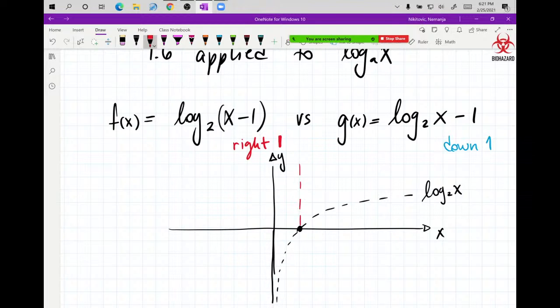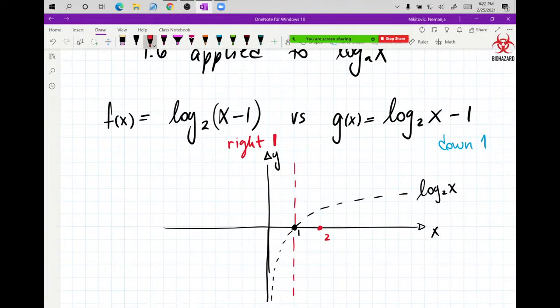My asymptote will actually shift, and I will now be going through 2 instead of going through 1 from before, because everything shifts this way. So, whee. And that's my log 2 of (x minus 1).